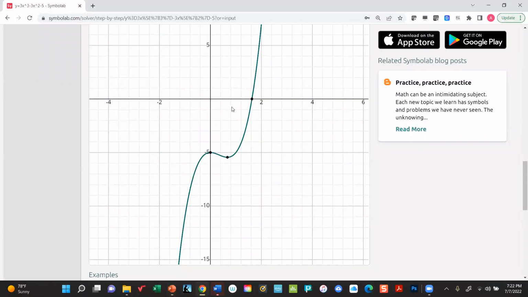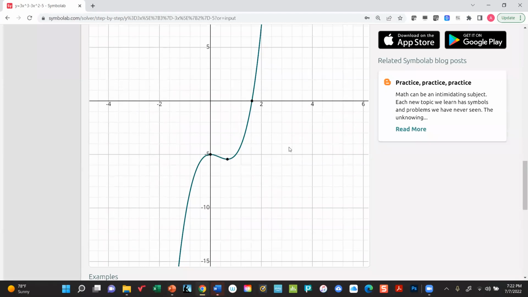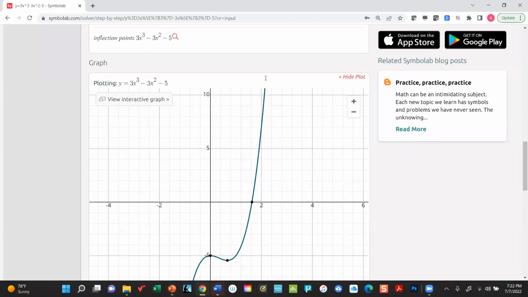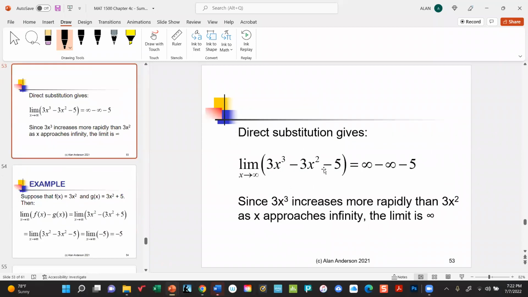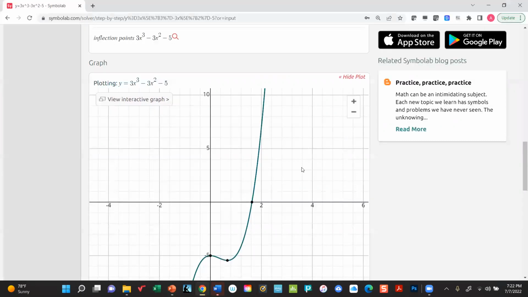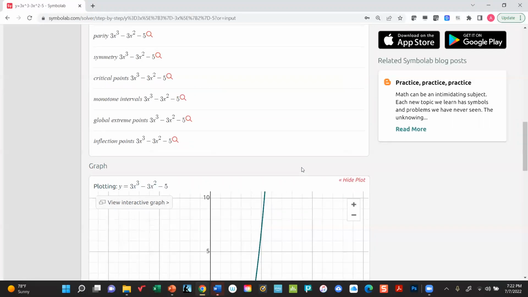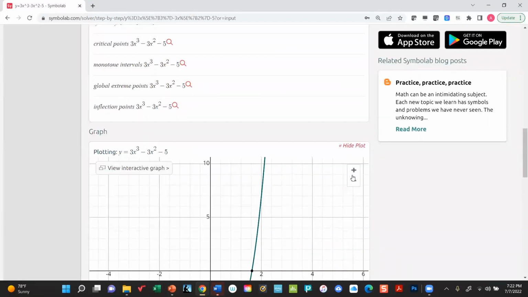It looks though as x approaches infinity, the function continues to increase forever. So direct substitution gives us infinity, infinity minus 5. Oh, now wait a minute. I just realized something.